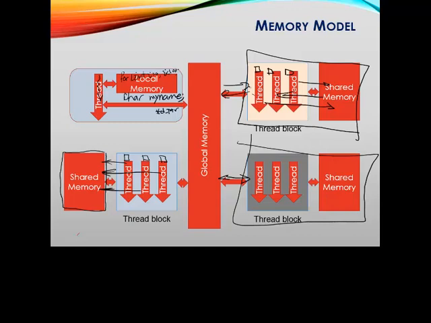So that's a piece of memory that all these threads within the thread block can communicate through. They all can write into it and they all can read from it. And all the blocks that are invoked will have access to the global memory. So if there's a need for communicating between blocks, that can happen over global memory accesses.